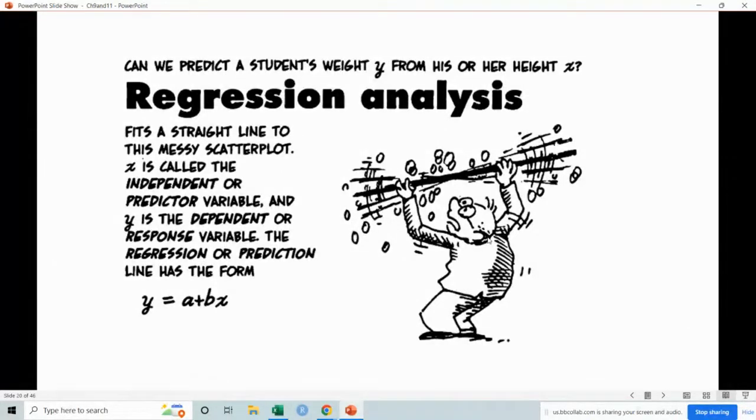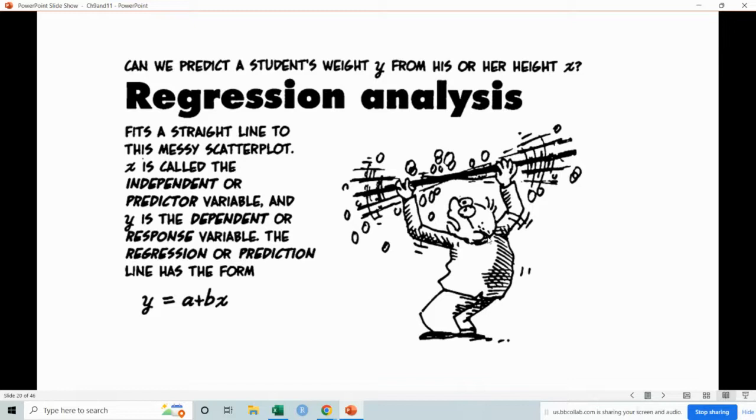But can we predict a student's weight y from his or her height x? So regression analysis: the goal is to fit a straight line to this messy scatter plot. x is called the independent or predictor variable, and y is the dependent or response variable.